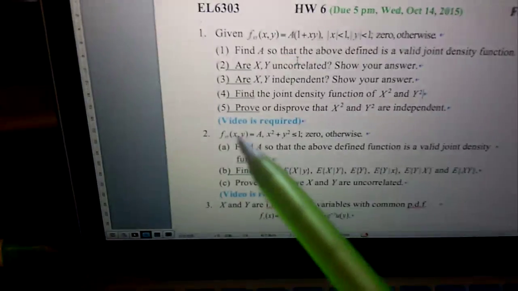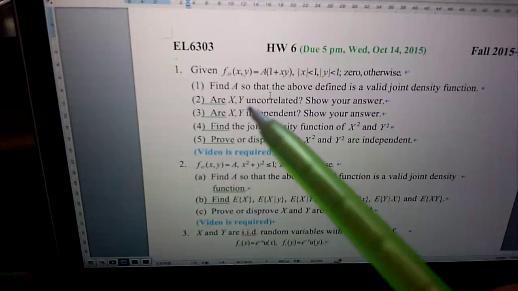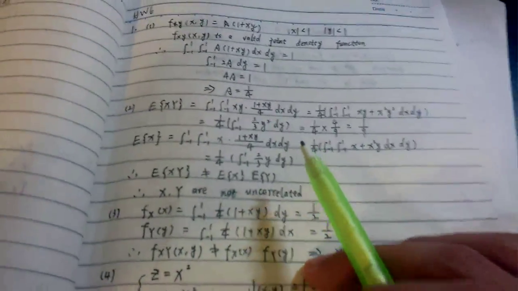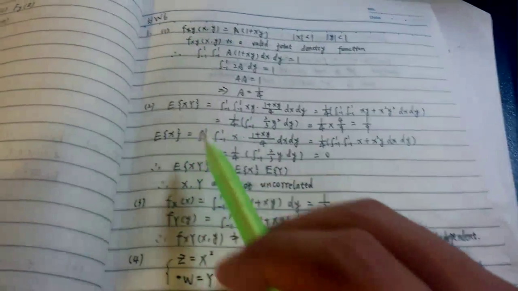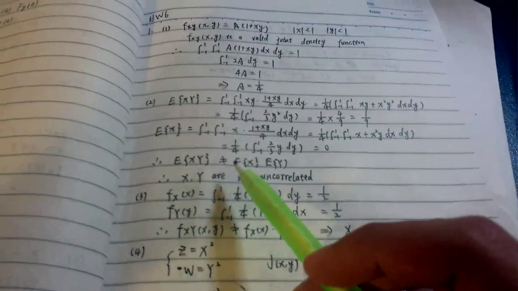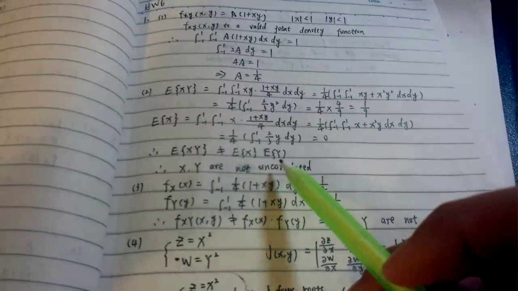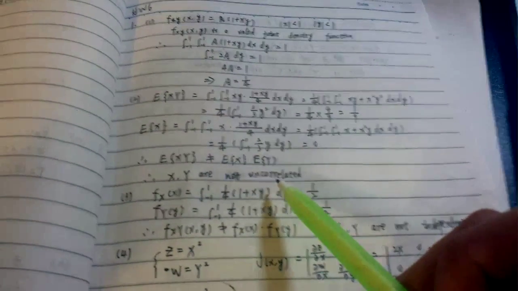And the second question asks whether X and Y are correlated. From the definition of correlated, if E[XY] is equal to E[X] times E[Y], that means they are uncorrelated.